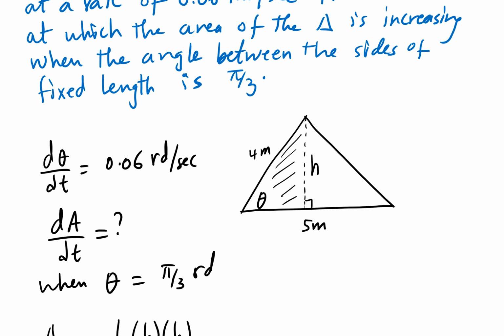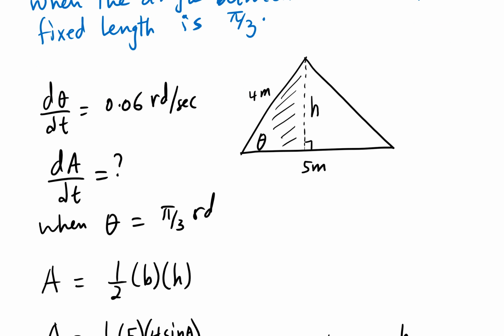Since they want us to find dA/dt, the first thing you want to find is a formula for the area, so you can differentiate it. So how do you start with the formula for the area? We know the formula for the area of the triangle is 1/2 base times height. The base is 5 and the height is h. How do I find the height?